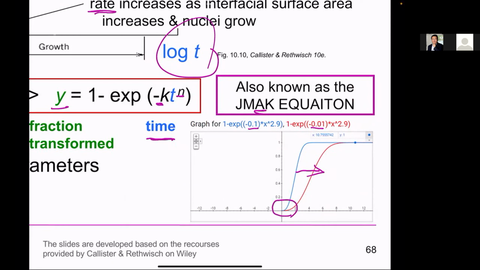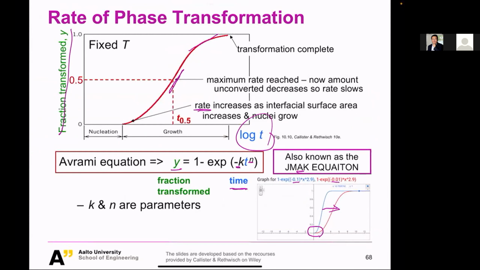All right, so this is an equation to describe the phase transformation rate, and we don't want to have a continuous value about it, so we want to have a number. You see the rate is not a constant, so if we want to describe the rate of transformation, we're going to use a number defined here.